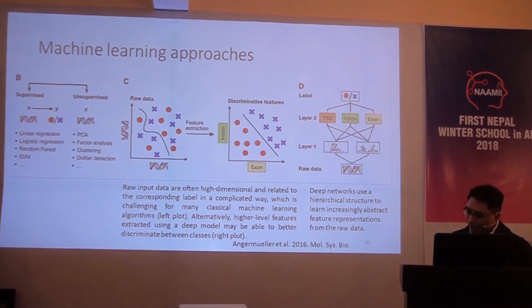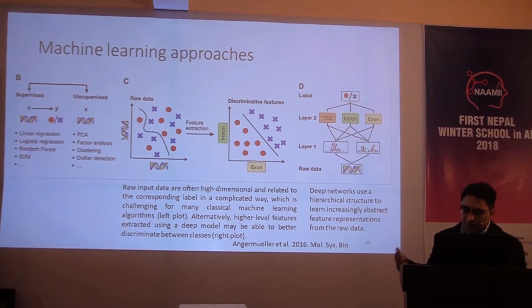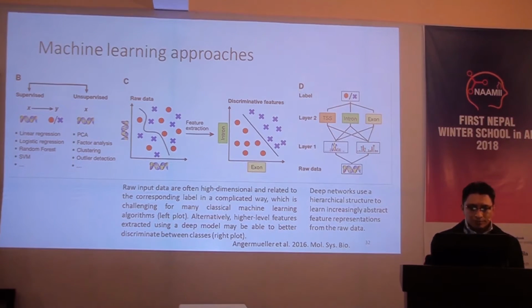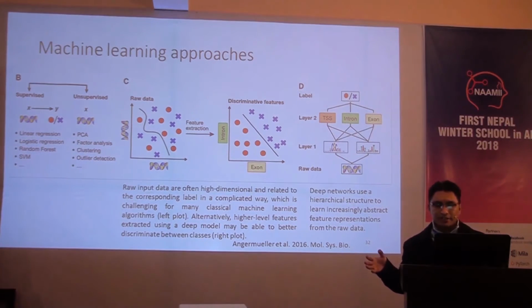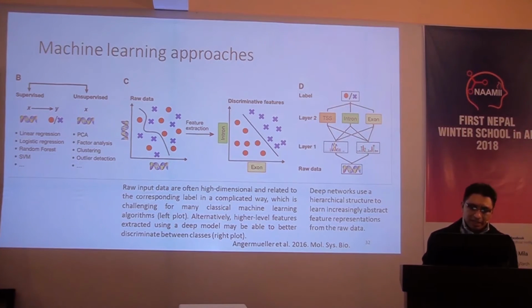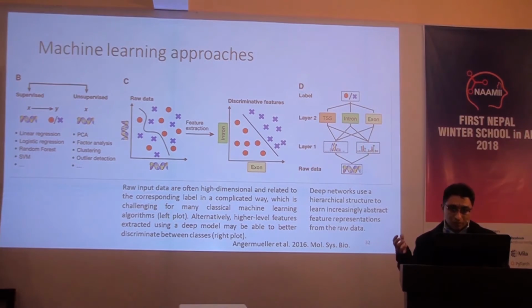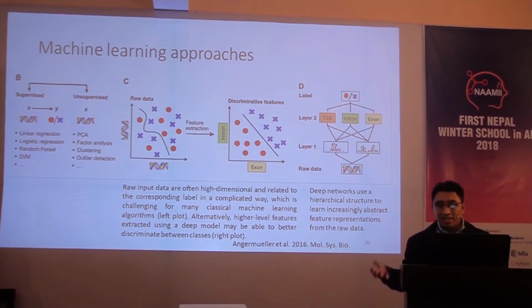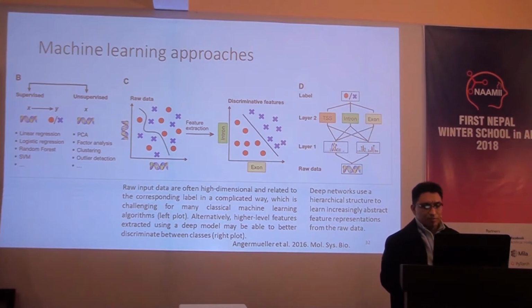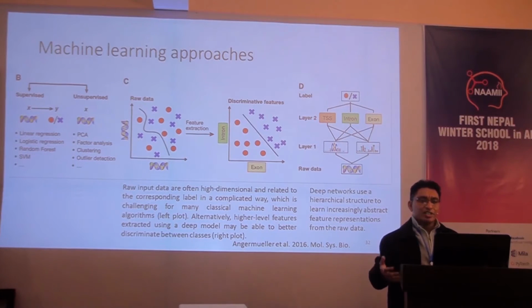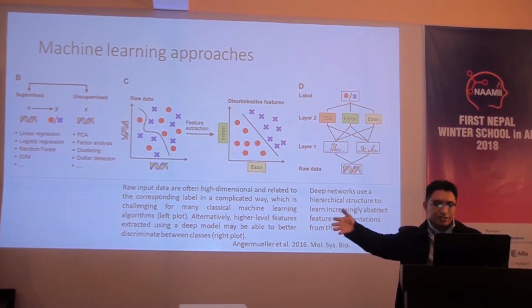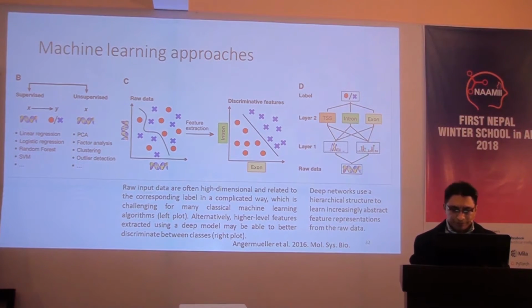Of course, there are different other approaches. You can also do supervised learning as well as unsupervised learning to model these kinds of data. Also, the raw input data or the sequences are often high dimensional, and they might be related to the phenotype, say healthy versus disease condition, in a very complicated manner.